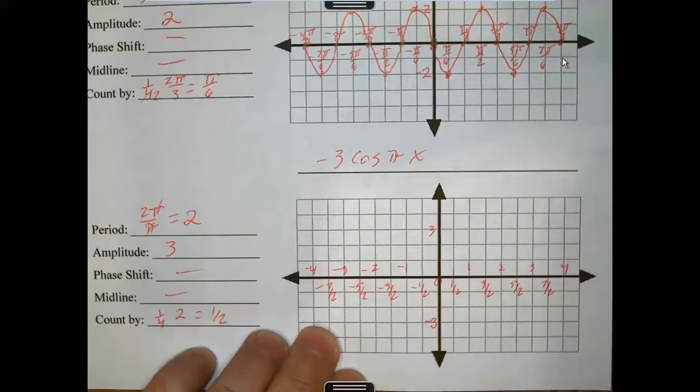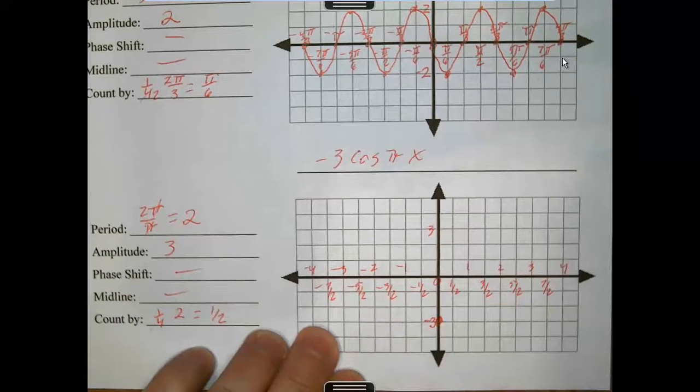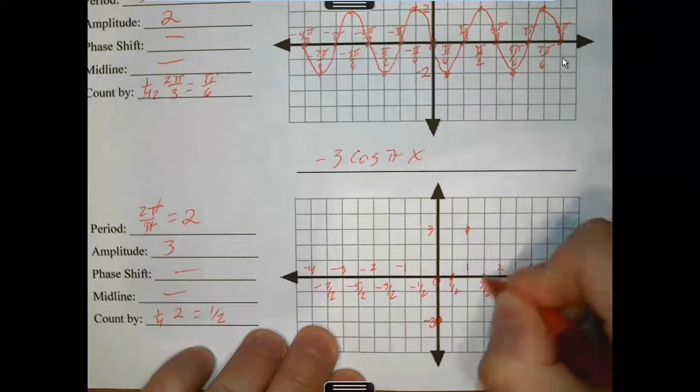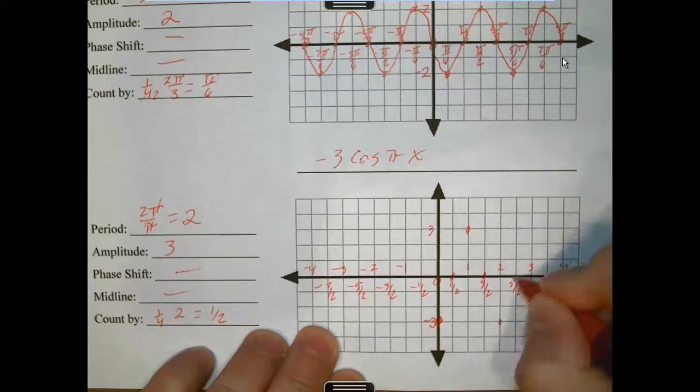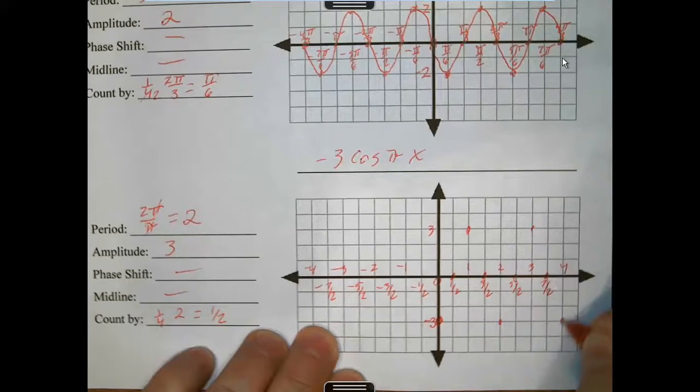Okay, so now I have cosine. Cosine starts at the amplitude, but because this has a negative in front, I start at the negative amplitude. Okay, now my process is the same. Negative amplitude, x-axis, positive amplitude, x-axis, negative amplitude, x-axis, positive amplitude, x-axis, negative amplitude. Same on this side.